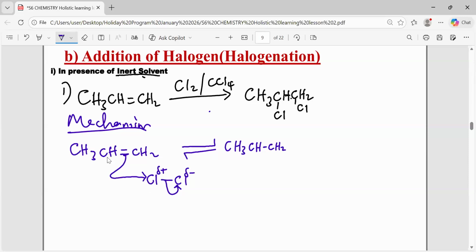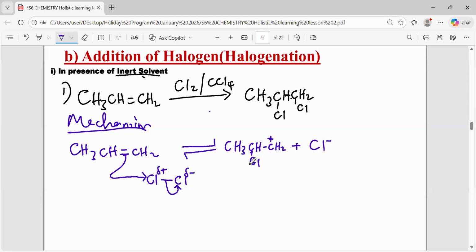So we put it here. Then what will happen to this carbon atom? It acquires a positive charge. Then we also draw a chloride ion there.